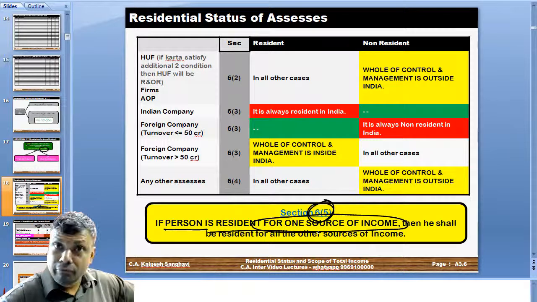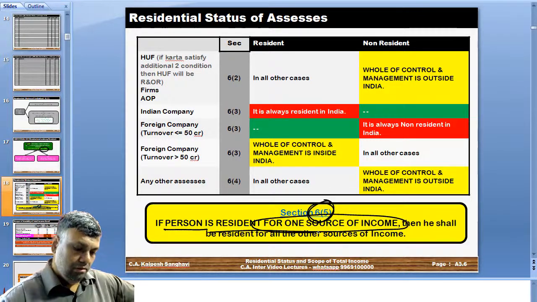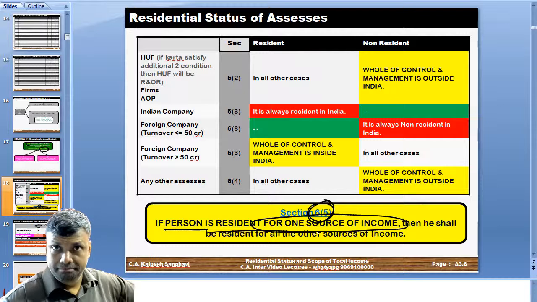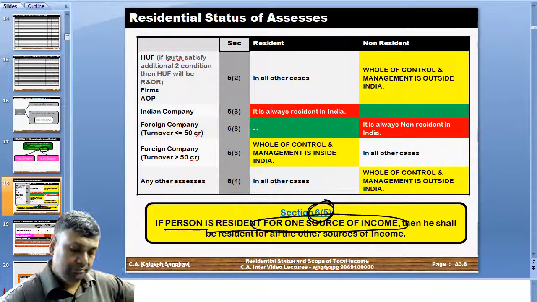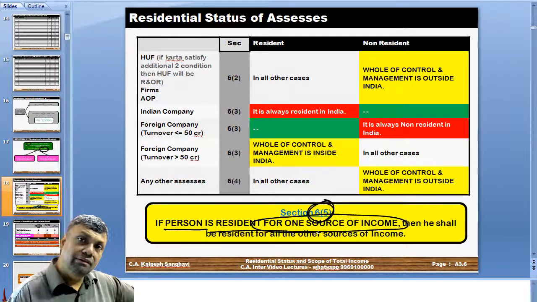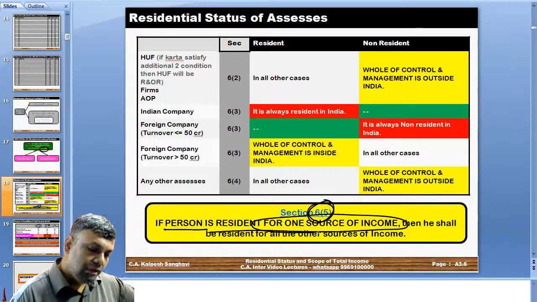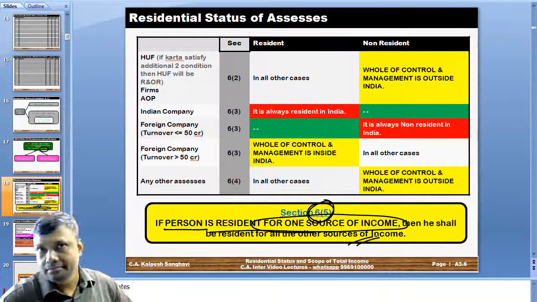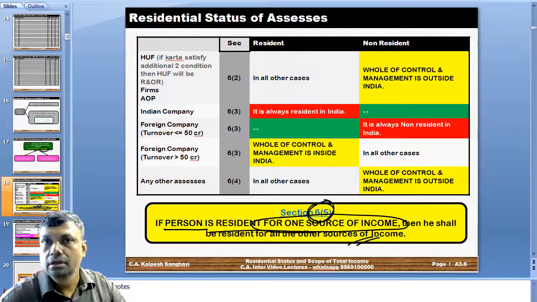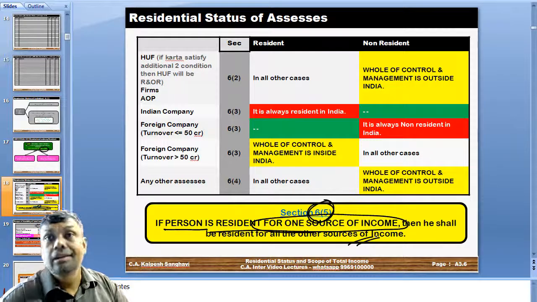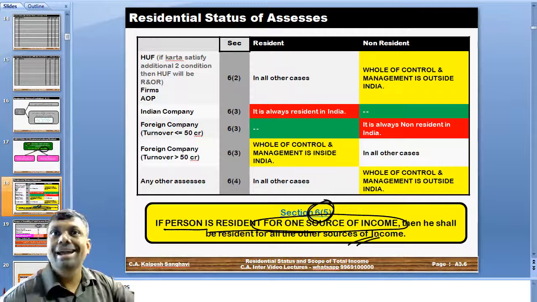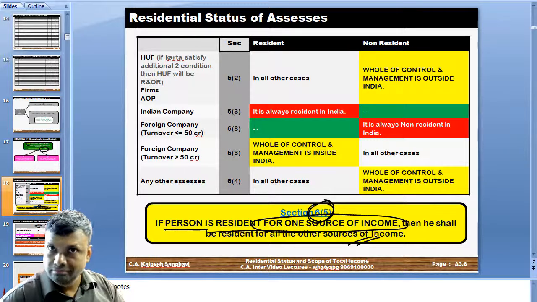If you have more than one source of income, I repeat, then if you are resident for one of the sources, then you are resident for all the sources. Put it differently, friends, the residential status is for the entire year and for all the types of income.